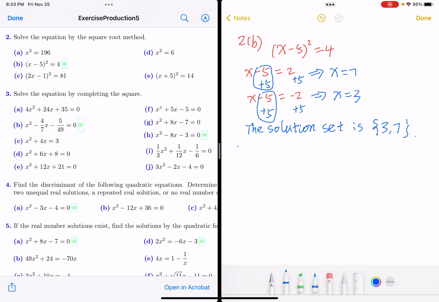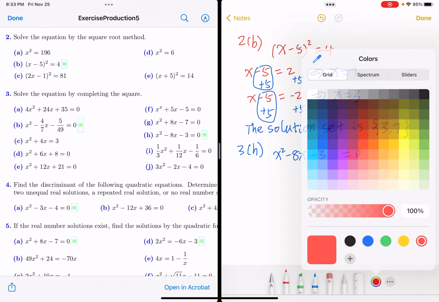Question 3, we want to work on h first. That's the one right here. We want to solve the equation by completing the square, which will involve some of the process above. Let me first copy the question, which is x squared minus 8x minus 3 equals 0.